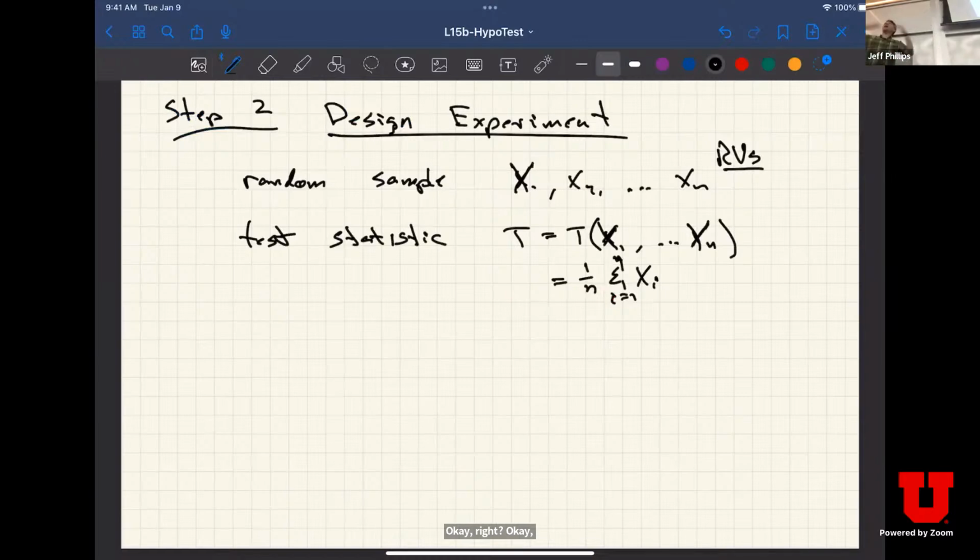But how large does it need to be for me to say, yeah, that's large, I'm actually convinced? So that's what we need to do in this design.